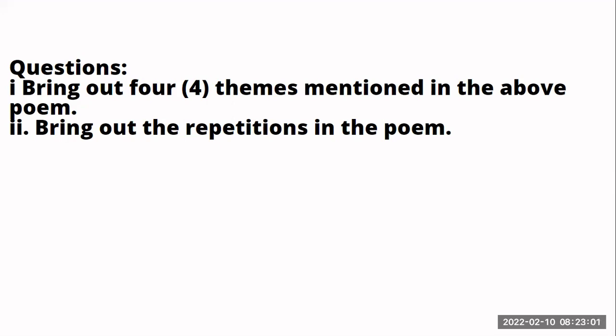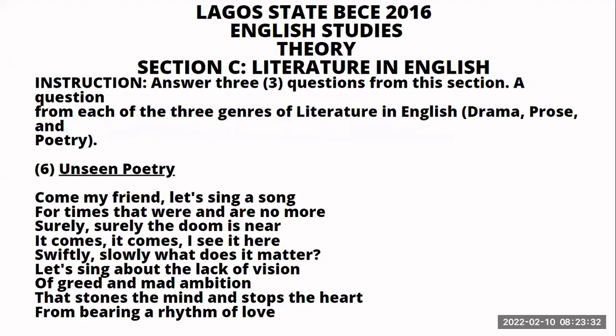Another way of looking at themes is to look at them as the social issues raised in the text: social issues, major ideas, lessons about life, key points relevant to life and human experience. So that's the way to look at themes.